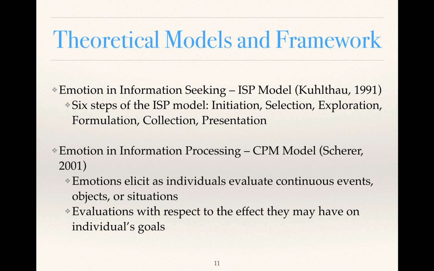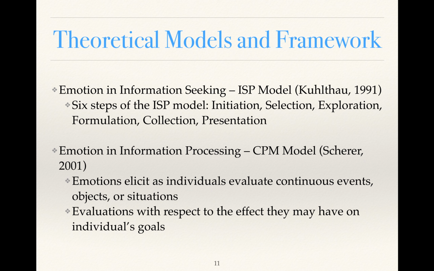I'm sure you already know this, the famous Kuhlthau's model of information seeking, or the ISP model, is definitely one of the first theoretical models that has strived to include different emotions within different steps of information seeking. I'm sure you all know these stages.